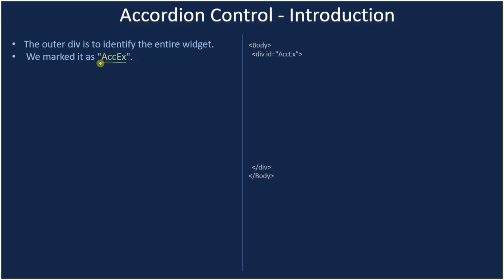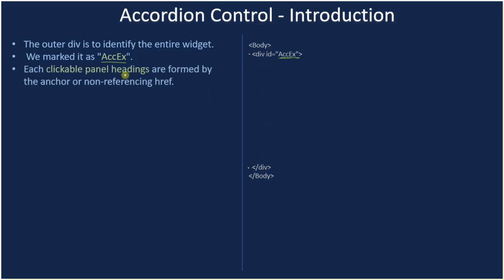Now, if you see, this is how we are forming the body. In that body, we have a div tag with an ID ACCEX. You can give any ID, but the point is here we are placing a div content. So all the accordion elements will go inside this div tag, I mean this pair of div.